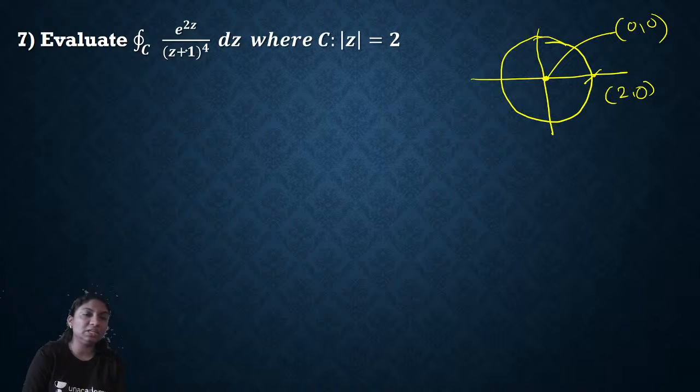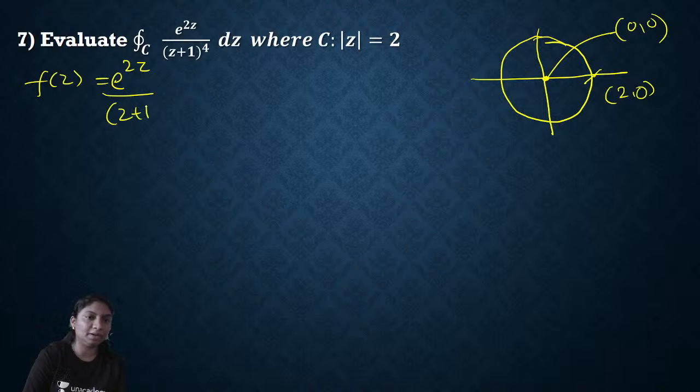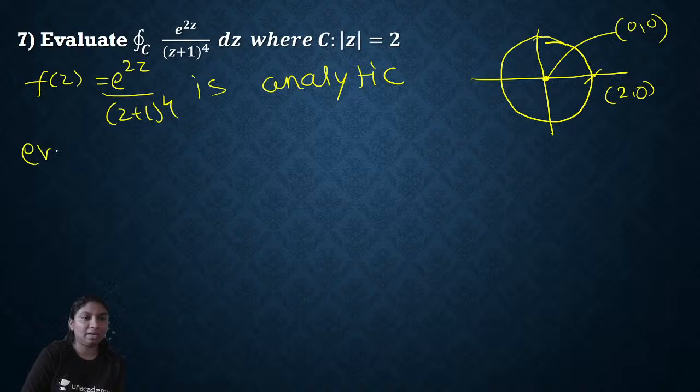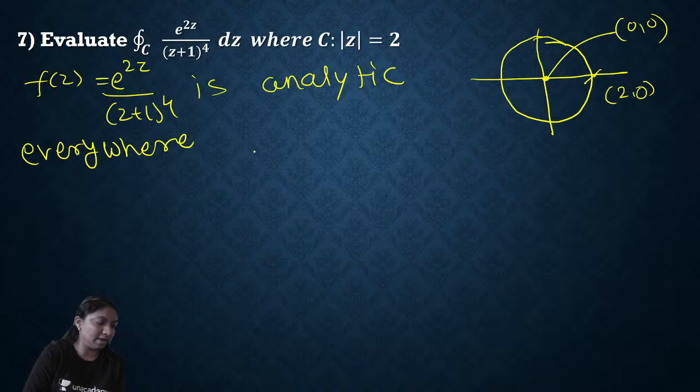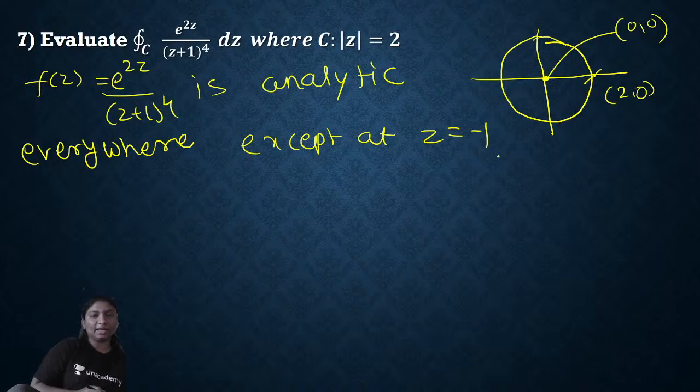So here, if you see, z is equal to -1 is a pole of order 4, and z is equal to -1 obviously lies inside the curve C. The given f of z is equal to e raised to 2z upon (z plus 1) raised to 4 is analytic everywhere except at z is equal to -1.